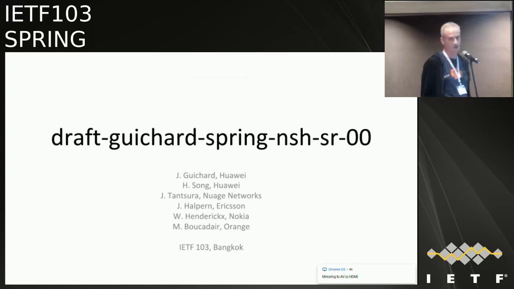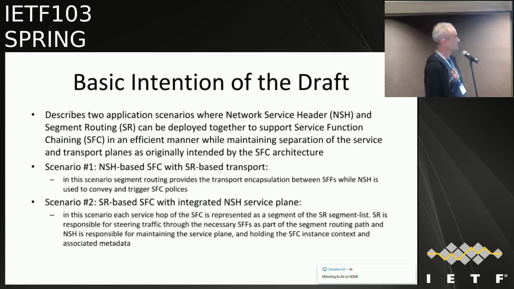There's a picture I showed last time, so I won't bore you with that. This is the first scenario, just using NSH with SR as the transport. And then this is an integration of the two, where NSH follows the segment routing stack. The encapsulation details are here.